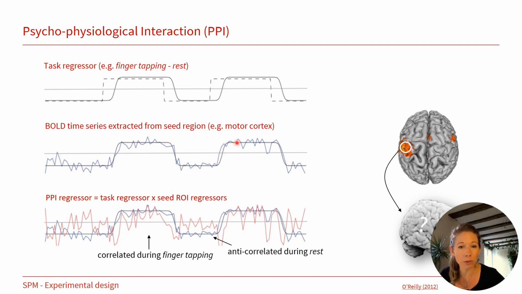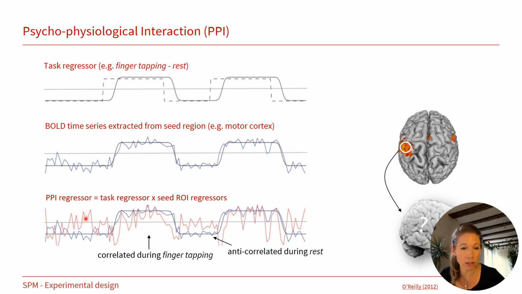We have to deconvolve it, and what we now have to do is to build the PPI regressor, which is an element by element product, like a multiplication, of the task regressor, here in black, and the BOLD signal in the seed region in blue. When we do this, we will end up with a red regressor here.